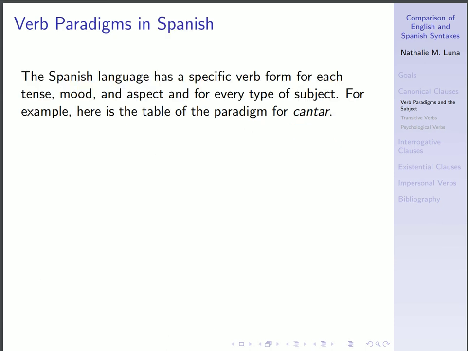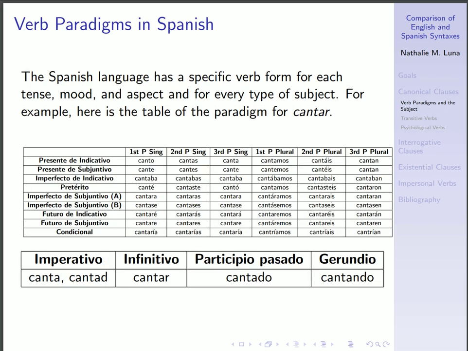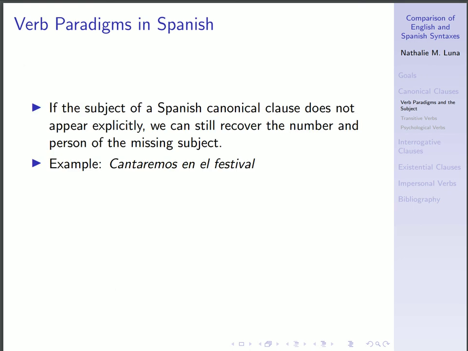Spanish, on the other hand, has a specific verb form for every tense, mood, and aspect, and for every type of subject. For example, this is the paradigm for the verb cantar. And so what does that mean for the subject?